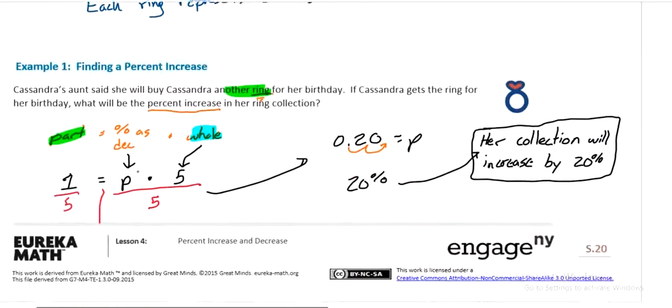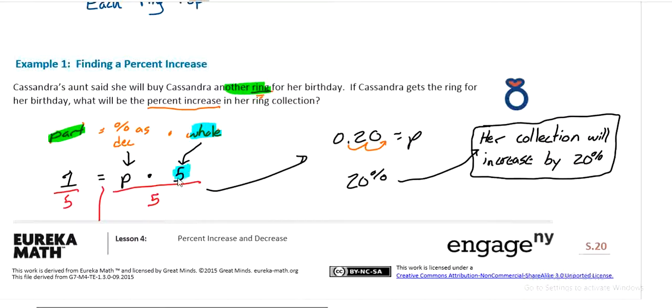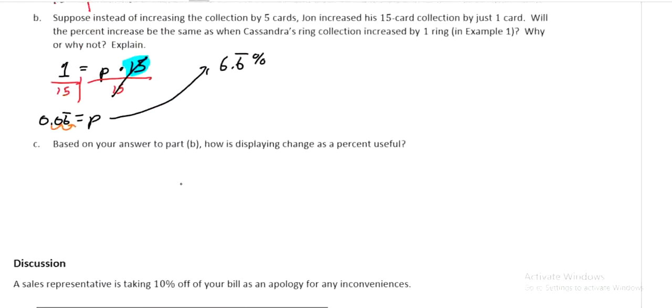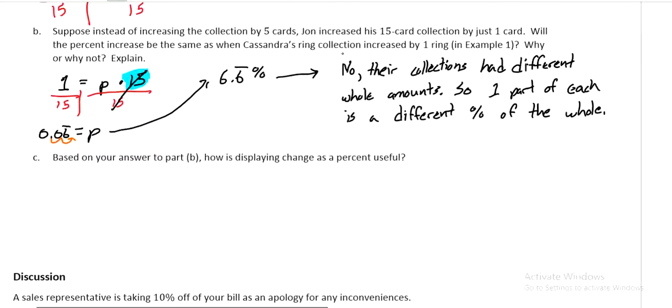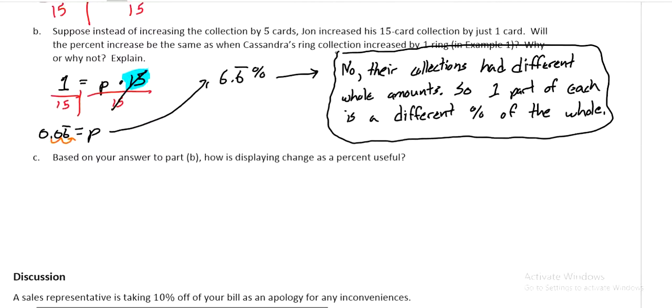The whole number in Cassandra's original collection was 5. So, because the whole collection started out at different amounts, when you increase both of them by 1, that'll be a different percent increase for each of the collections. So we'll say, no, their collections had different whole amounts. So one part of each is a different percent of the whole.